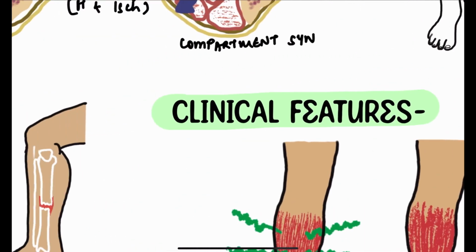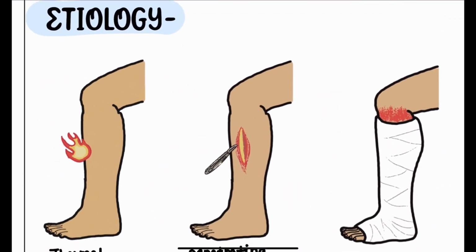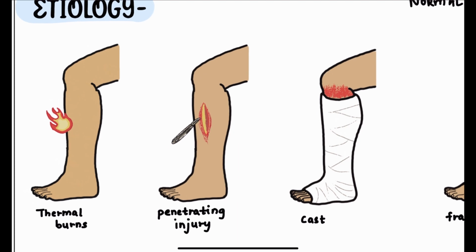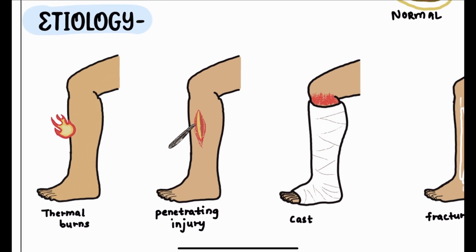Next we are going to see the etiological factors for compartment syndrome. The most common cause is bleeding inside the compartment. We have seen what a compartment means. If there is bleeding inside the compartment, it will lead to compartment syndrome. This bleeding can be due to long bone fractures.